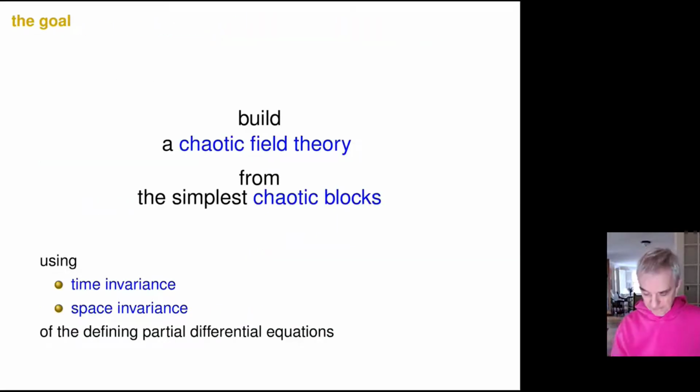So can you build a theory of turbulence, or if you are very sensitive about the word turbulence, chaotic field theory, from little blocks, and do it like we do everything in physics: use the invariances of the theory. In particular, you want your theory to be as good today in the morning, afternoon, or a year from now. So you want time invariance. And you want it to be equally good in Nottingham, Saint-Jean, or in Atlanta. So you need space invariance.